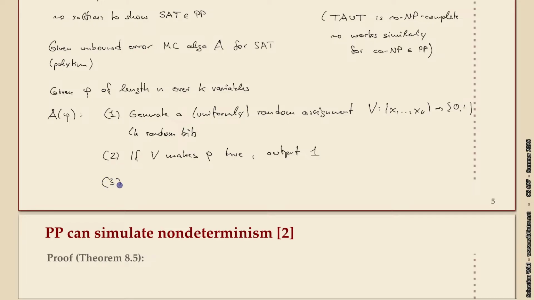And otherwise, that's the tricky bit, right? What are we going to do now? Otherwise, we flip a biased coin and output whatever that coin says.